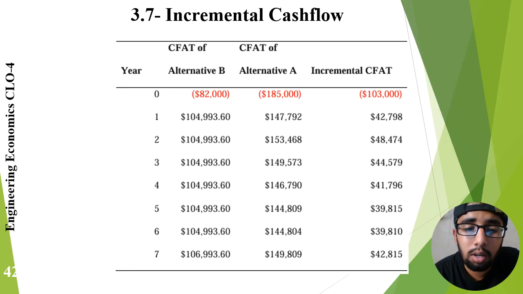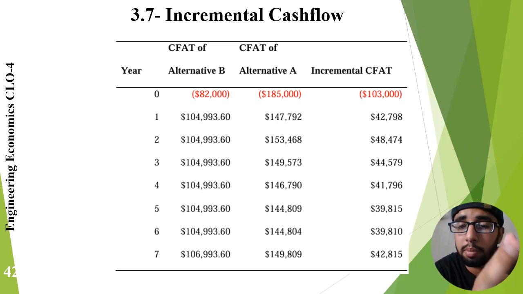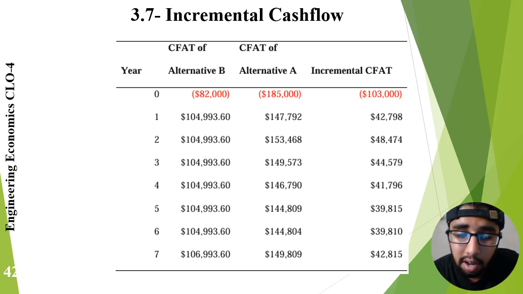Incremental cash flow. Incremental cash flow analysis focuses on the difference between two comparing alternatives, that is, the depreciation of alternatives A and B shown on the previous slides. Rather than evaluating each alternative independently, we examine the additional costs and benefits associated with selecting one option over the other.